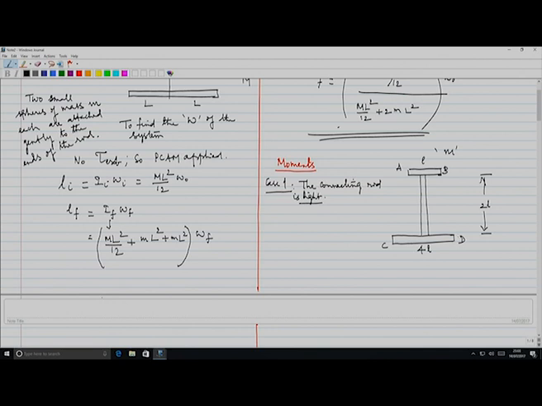Right. Now, there is a force F, it will act at a particular point. This is at a distance x from here. This is from the center. So this length would be L minus x.